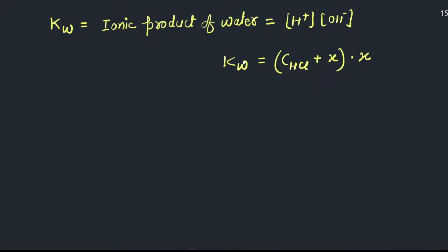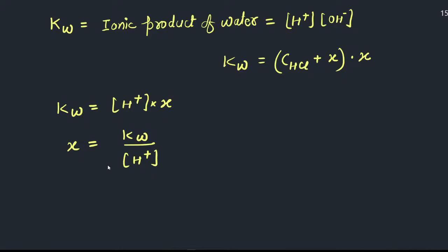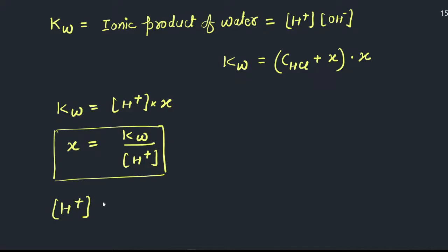Or we can write that Kw is equal to H plus into X. That implies X is equal to Kw upon H plus. That means H plus ion concentration is equal to the concentration of HCl plus X, and X is Kw upon H plus.